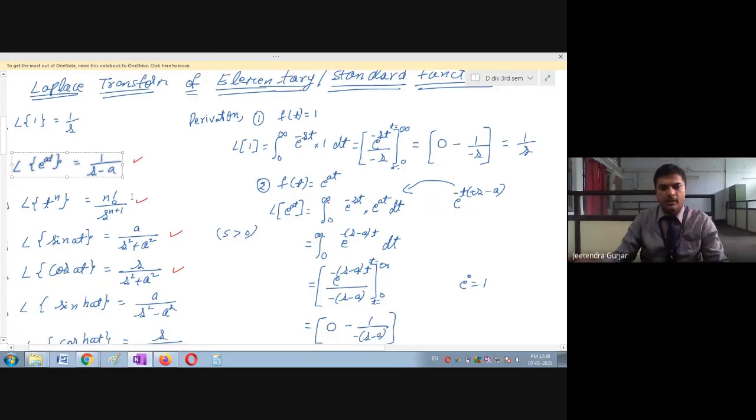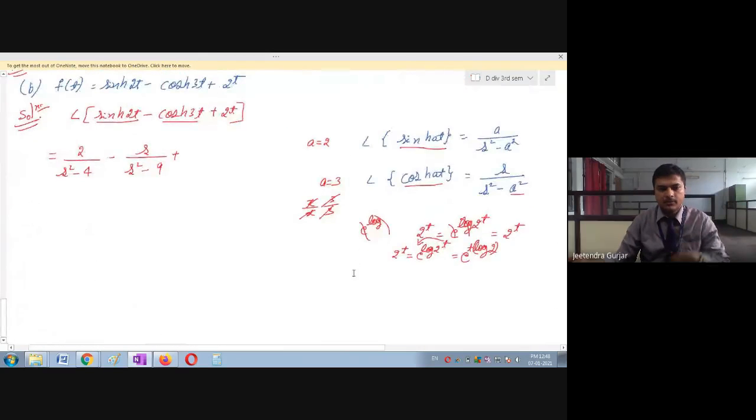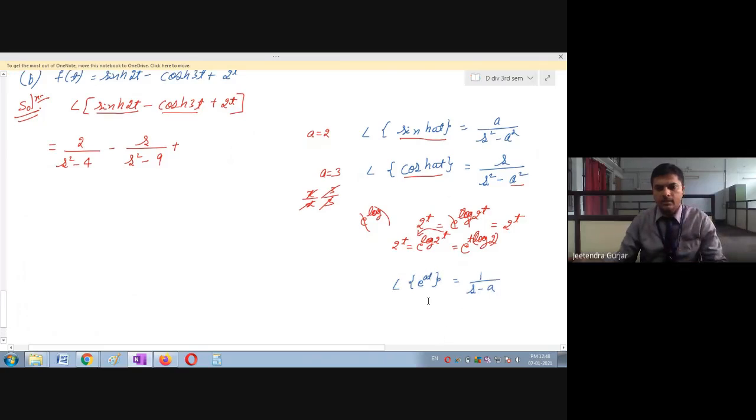Okay. So what here we have? It is Laplace transform of e raised to at is equal to 1 upon s minus a. So we can compare this with e raised to t log 2. If we compare this equation, students, one can easily see e is there, leave e as it is, t is there, leave t as it is.